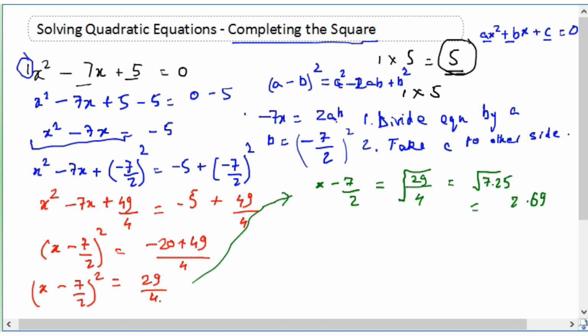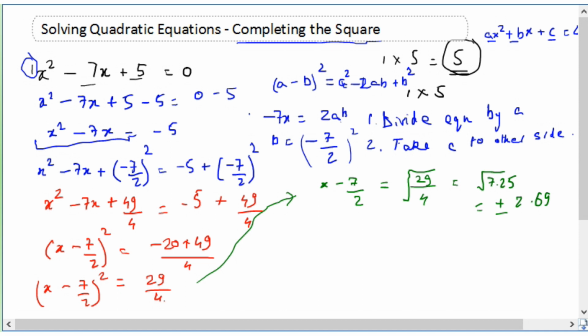Now you should understand that this value can both be positive and negative, because the square of positive 2.69 is also going to give us 7.25, and the square of negative 2.69 is also going to give us 7.25. So it could be both positive or negative.